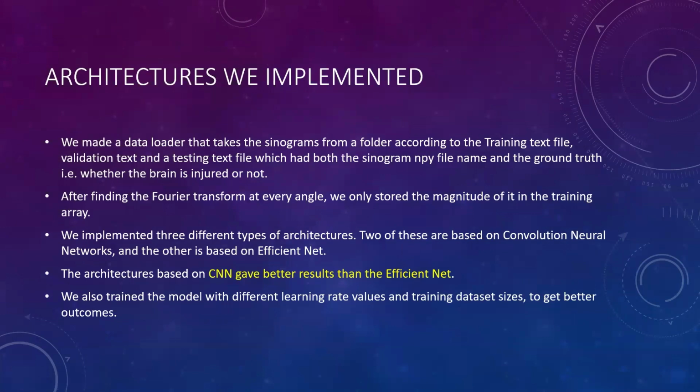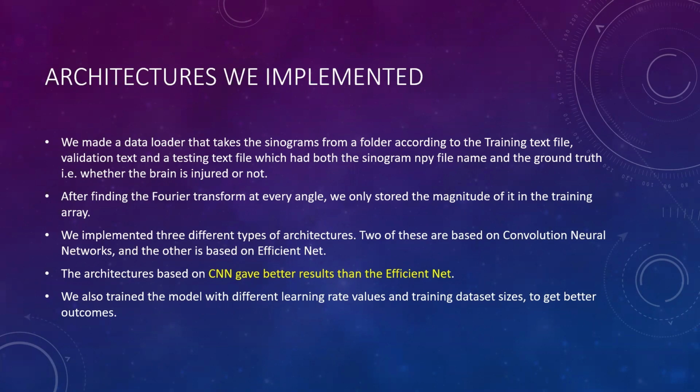Architectures we implemented. Since we only had sinograms, and the text file was in a different folder from the sinograms, we had to write a custom data loader, where we take names from the text file, import the sinogram, attach its ground truth to it, and also find the magnitude of the Fourier transform.